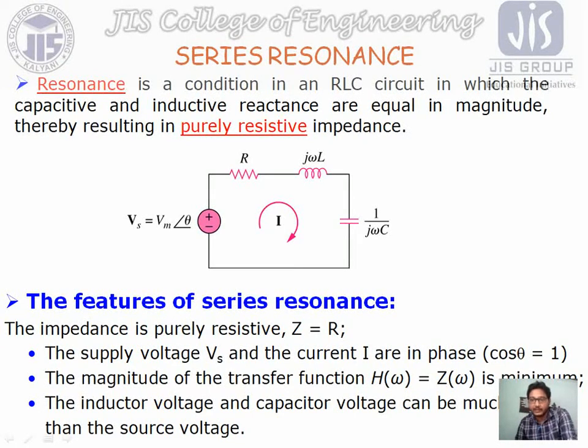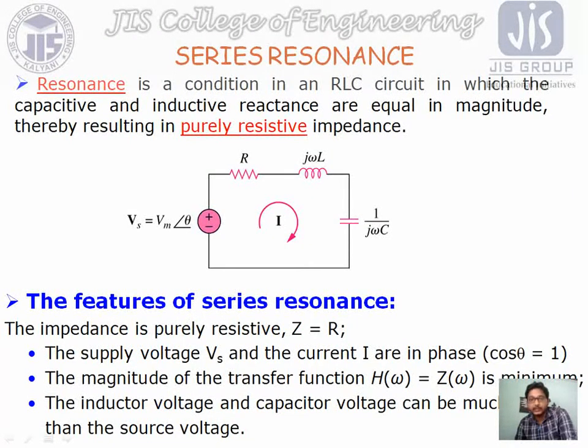As they are opposite in nature, if a circuit has both the inductor and the capacitor, they will try to nullify each other if they have the same effect on the circuit. That type of condition is called the resonance condition.